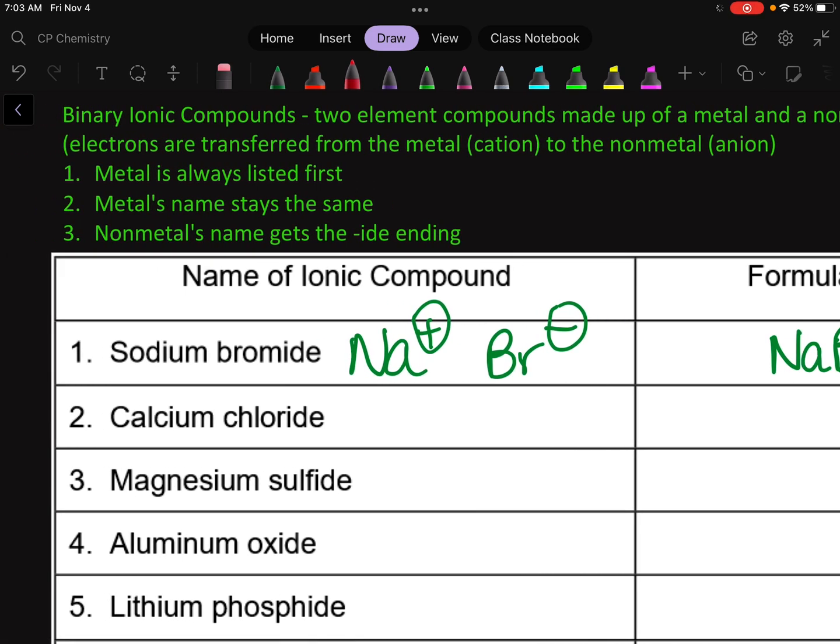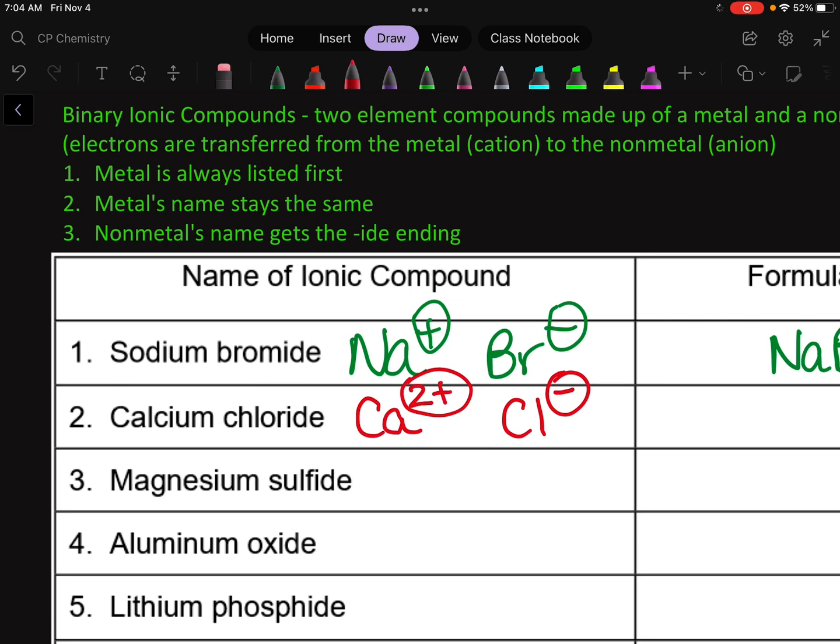All right, the next one is calcium chloride, so Ca, and if you find it on your periodic table, it's in group 2, so it gets a +2. Chloride is chlorine, it's in group 17, so it gets a -1 charge. Looking at these charges, we want to find the least common multiple of them, okay?